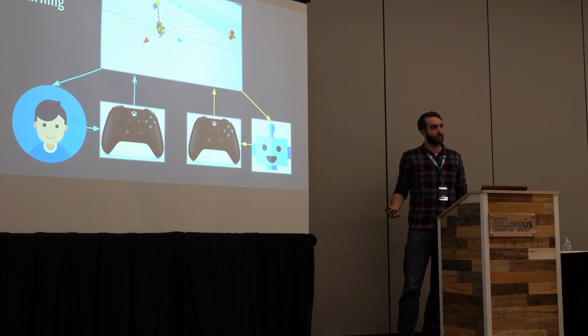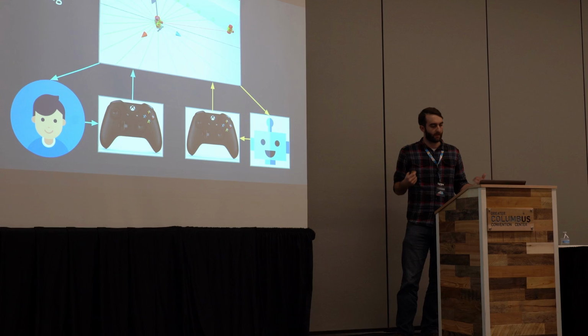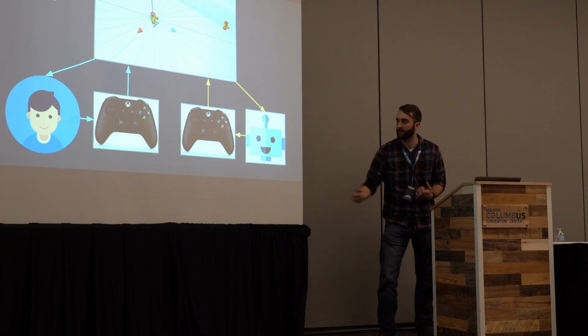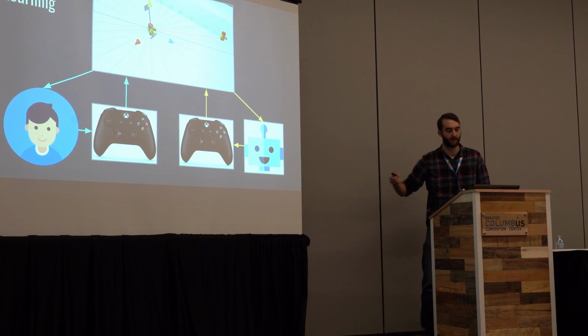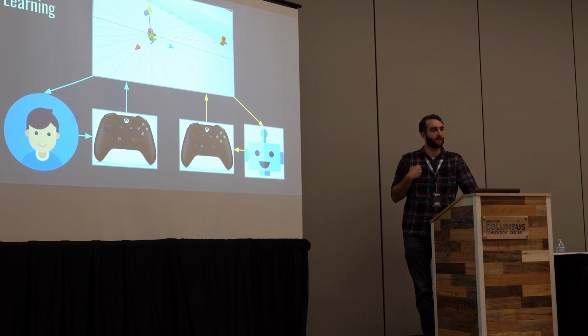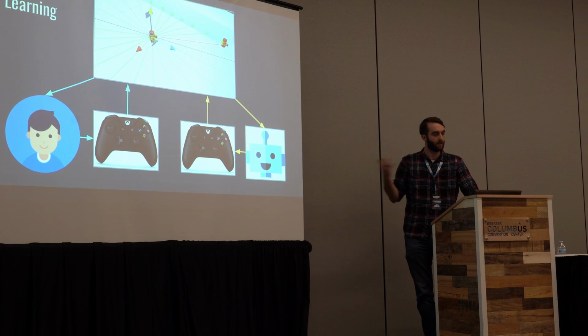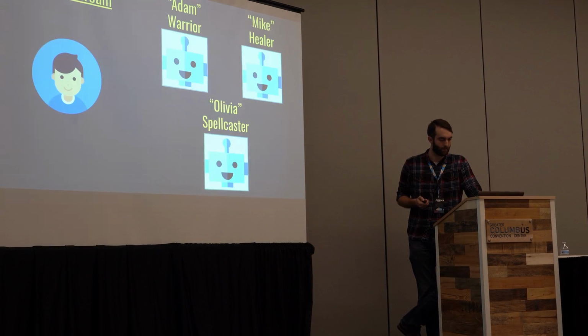So eventually, once it knows the connection between those two things, we can hand the AI its own controller and just say, hey, you play alongside of me. Now you've basically trained clones or teammates that are copies of yourself.